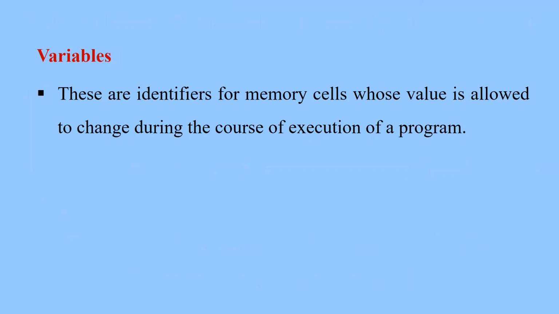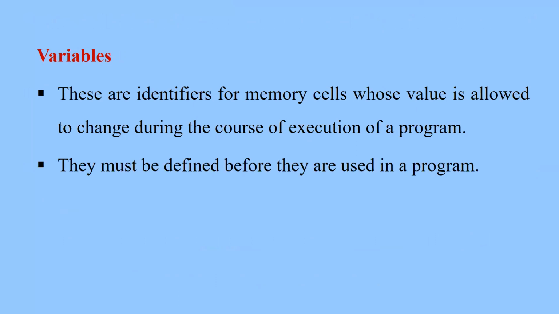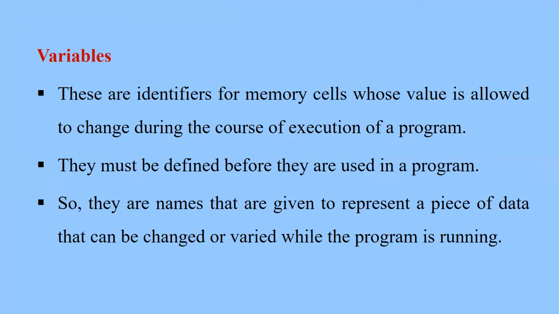Let's look at the variables. These are identifiers for memory cells whose value is allowed to change during the course of execution of a program. They must be defined before they are used in a program. So they are names that are given to represent a piece of data that can be changed or varied while the program is running.